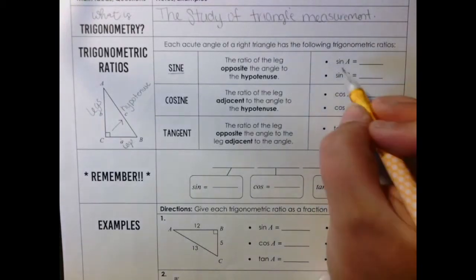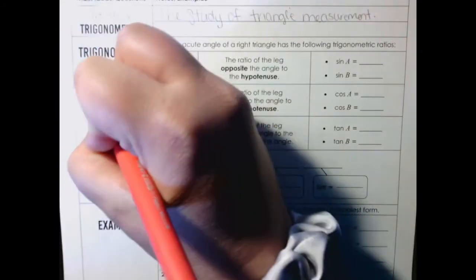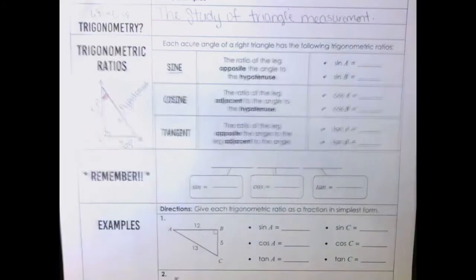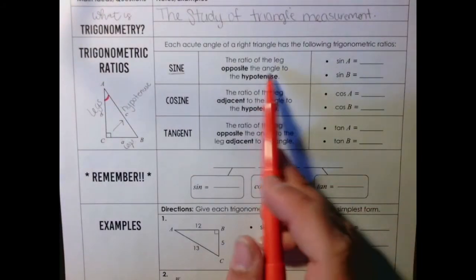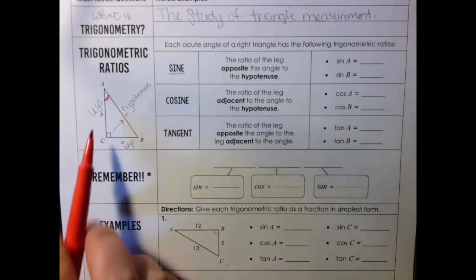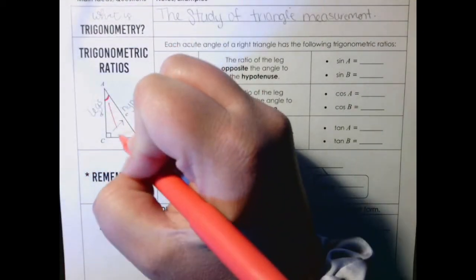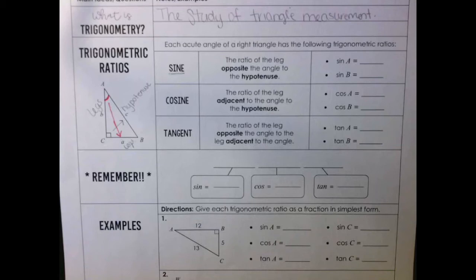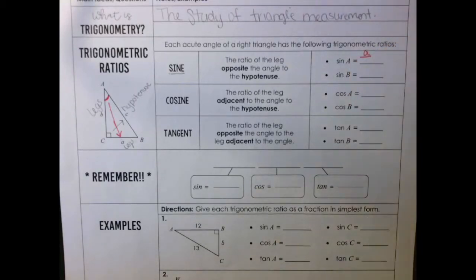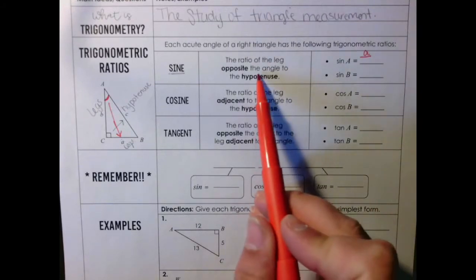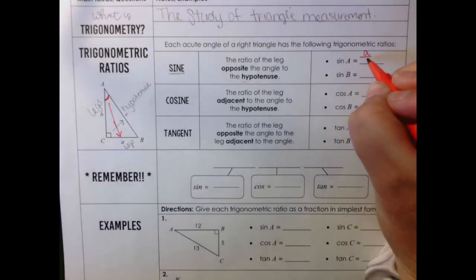So if we're looking at sine of angle A, we're going to be focusing on this angle here, angle A, and we need to create the ratio of the leg opposite the angle. So it's going to either be A or B, and it needs to be opposite the angle. So across from this angle is going to be side A. So that's going to go on the top of my ratio. And then the hypotenuse, always the side opposite my right angle, so it's going to be A over C is the ratio.